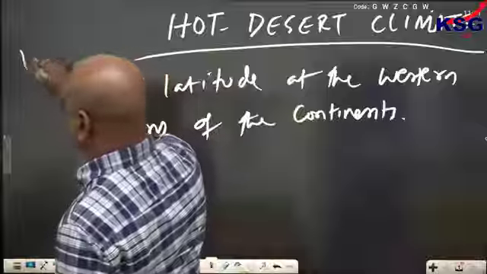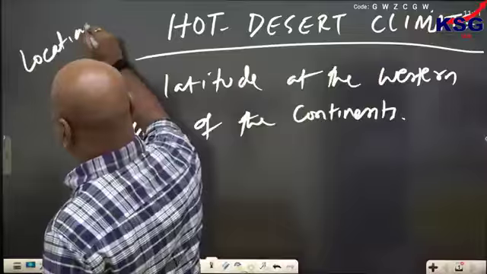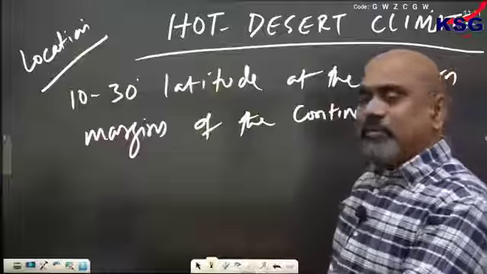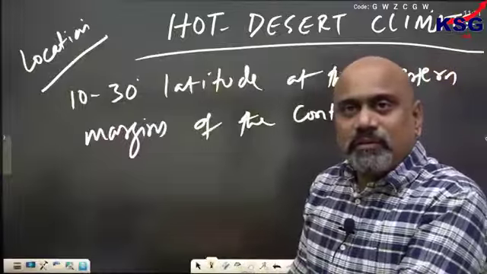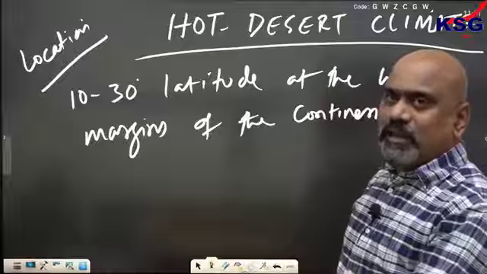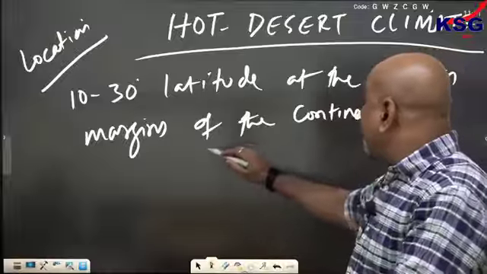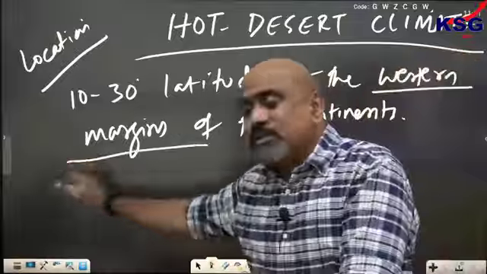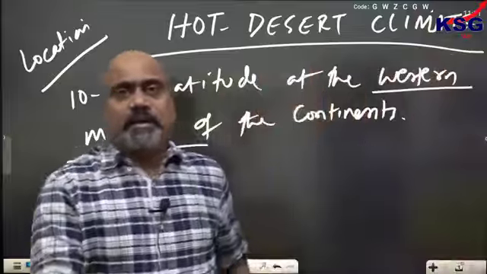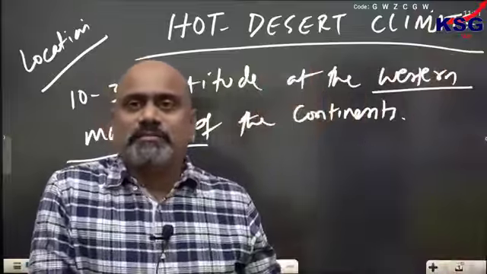This is what I told in the last class about the location. Almost all major hot deserts of the world are located between 10 to 30 degree latitude at the western margin, the western coast of the continent. My friends, now you can open your atlas.